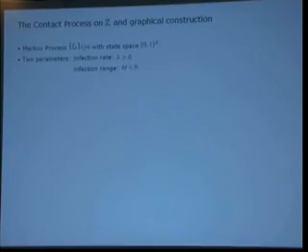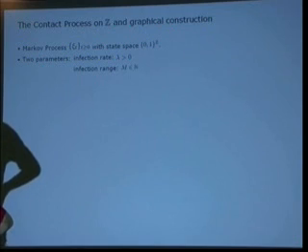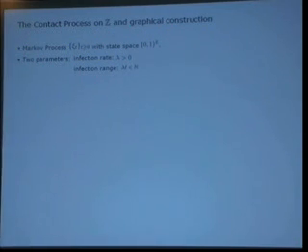So the interpretation is that each site of Z is an individual, and individuals can be either healthy or infected. Healthy is 0, infected is 1. So the state space is {0,1}^Z. And the dynamics will have two parameters, lambda larger than 0 and m an integer, infection rate and infection range.